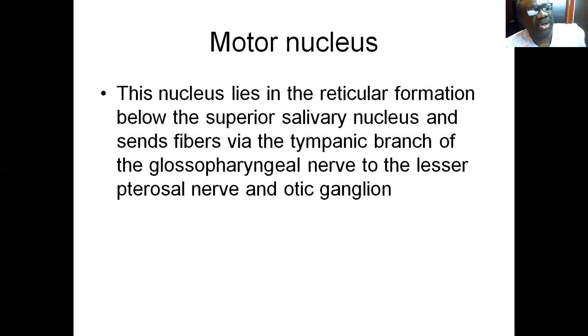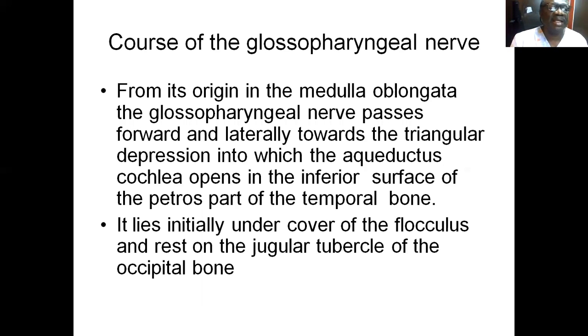The motor nucleus of the glossopharyngeal nerve lies in the reticular formation below the superior salivary nucleus, and it sends fibers via the tympanic branch of the glossopharyngeal nerve to the lesser petrosal nerve and the otic ganglion. The otic ganglion is intimately related to the glossopharyngeal nerve.